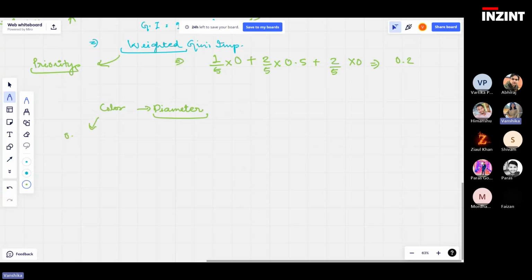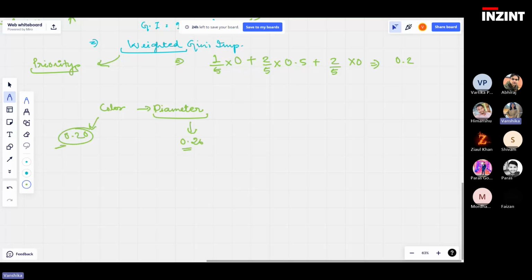So for color, we got 0.20. And for diameter, I have calculated it. Let me check what we will get. Yeah, for diameter, we'll get 0.26. Finally, we will select the feature that has the minimum impurity. So the Gini impurity of color is less than diameter, so this is going to be my splitting criteria.